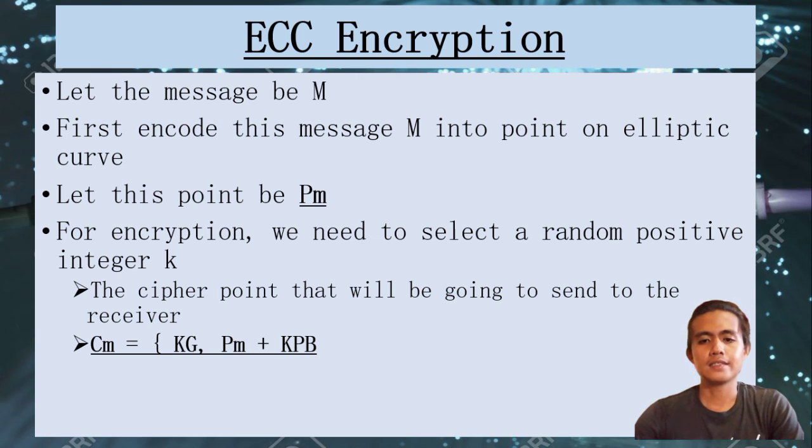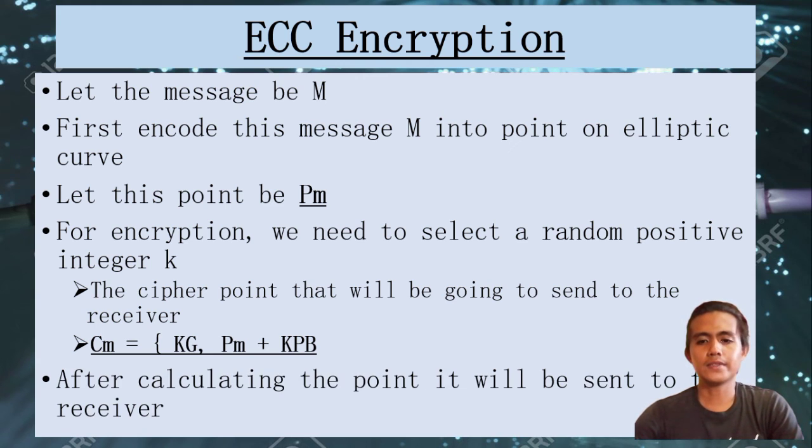Cm is equal to kG, PM plus kPB, where Cm is the ciphertext, k is a random positive integer, G is the point on the curve, and PM is the plaintext point plus k times the public key of user B, which is the receiver. After calculating the point, it will be sent to the receiver.